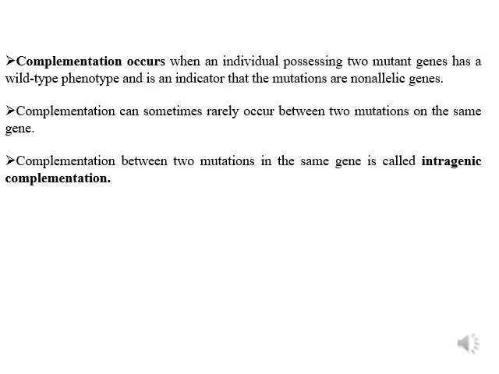So it is very clear that complementation occurs when an individual possessing two mutant genes produces a wild type phenotype in the next generation, indicating that the mutations are on non-allelic genes. In very rare cases, when two mutations are on the same gene, complementation can occur, but very rarely. Such complementation which occurs between two mutations in the same gene is called intragenic complementation.